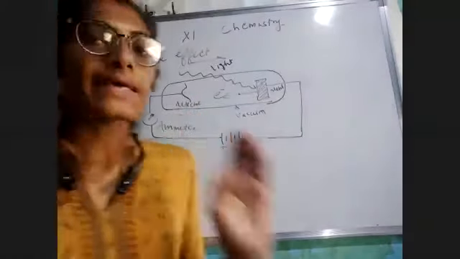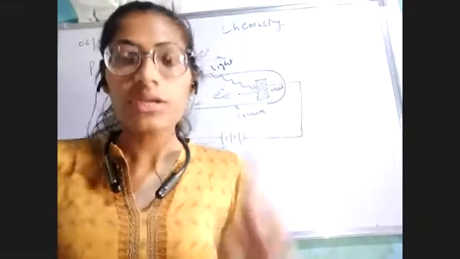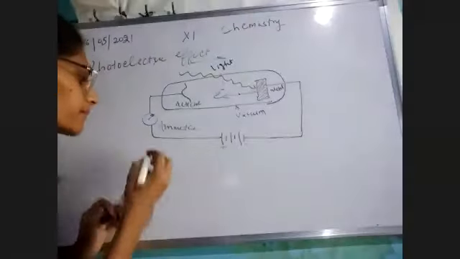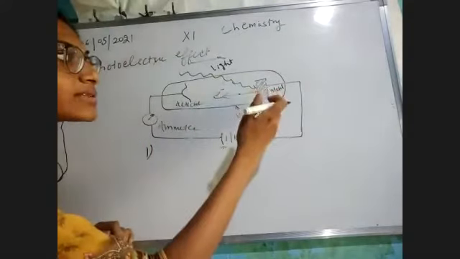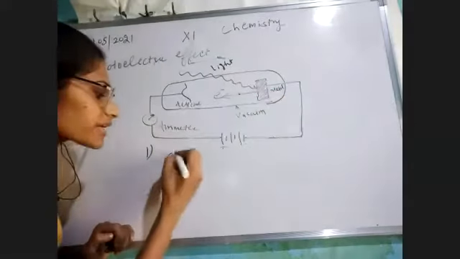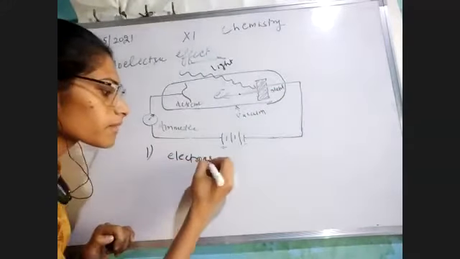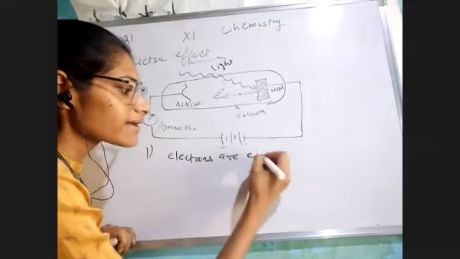So he gave us 3 different observations. The first observation, according to him: as soon as the light strikes the metal, the electrons are ejected without any time lag.